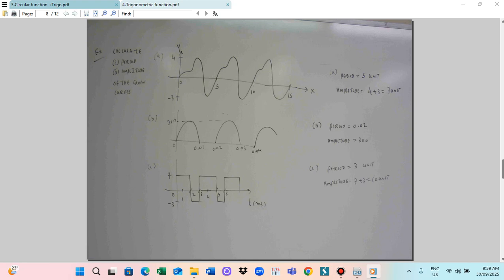And the period is 0 to 3, so this is 3 units. For the amplitude, maximum 7 and minimum minus 3, 7 plus 3, so this is 10 units. So we can calculate the period and the amplitude this way.